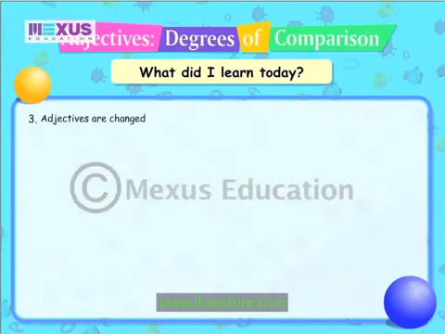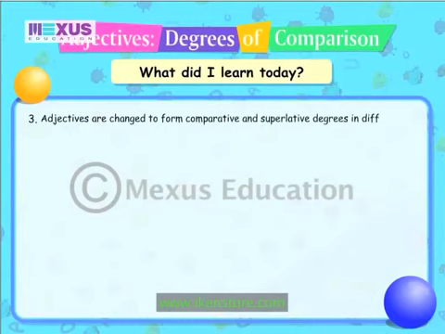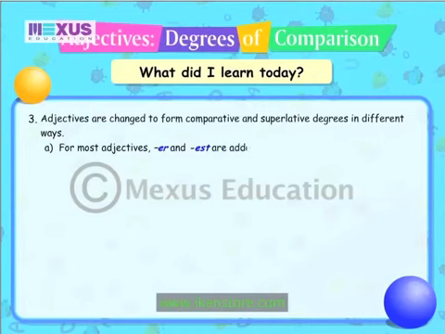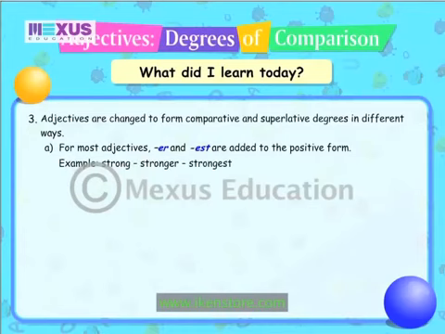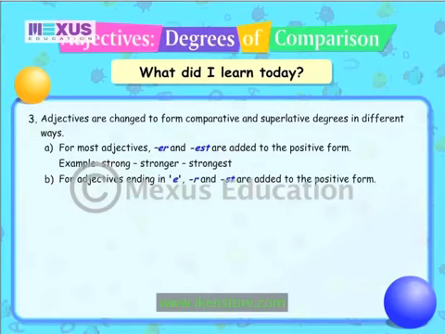Adjectives are changed to form comparative and superlative degrees in different ways. For most adjectives, ER and EST are added to the positive form. Example: strong, stronger, strongest. For adjectives ending in E, R and ST are added to the positive form.